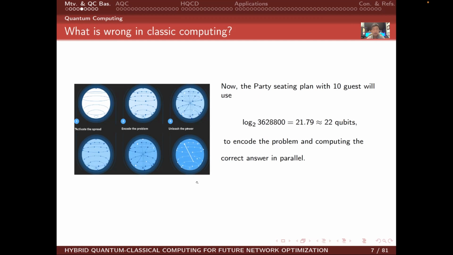In this case, we can get the global optimal solution with high probability in one shot. So you can see that for the quantum computer, it significantly reduces the complexity.